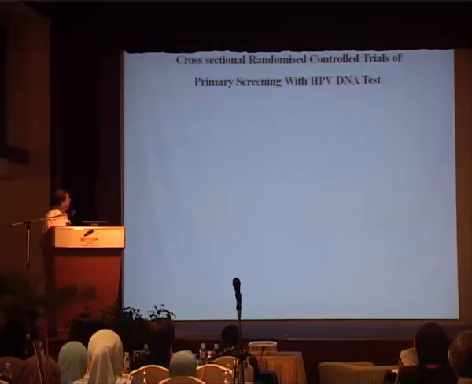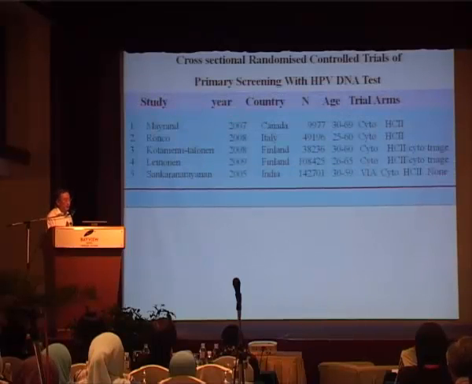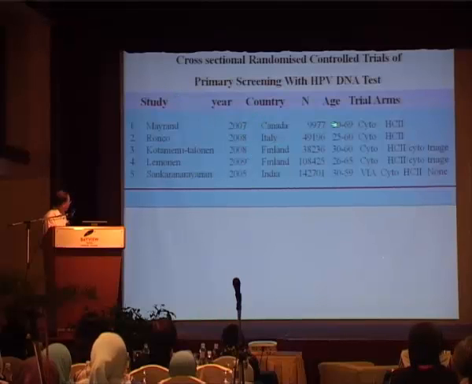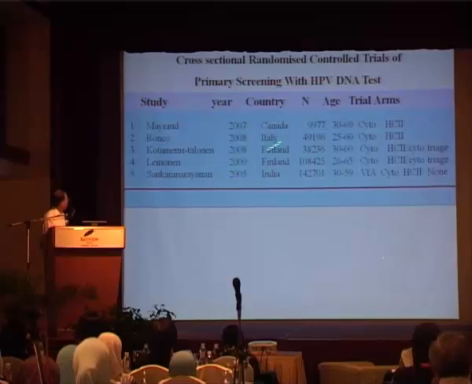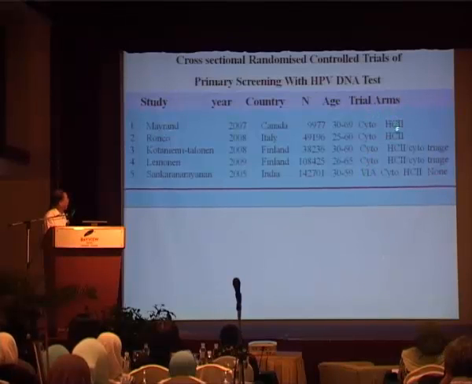Now, there are many trials, and based on the evidence, we are looking at the randomized controlled trials for the primary screening of cervical disease using the HPV DNA test. To date, there are 5 large studies involving many thousands of women in the last 5 years looking at this particular issue. Most of the studies have 2 arms, using cytology screening, both liquid-based cytology, as one arm, and Hybrid Capture 2 HPV DNA testing on the other arm.